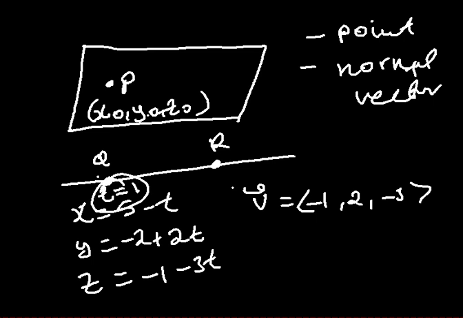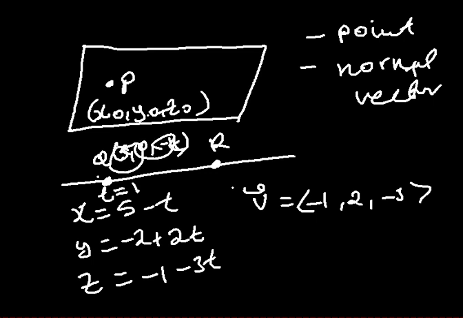So let's say the value of t is given as 1. Now what are the coordinates of the point Q? So substitute, and we'll have 5, 0, -4.